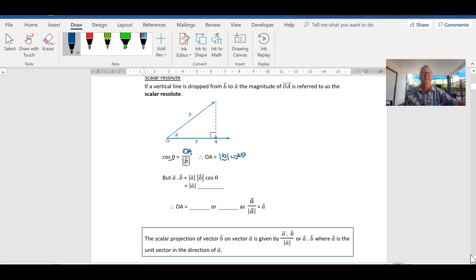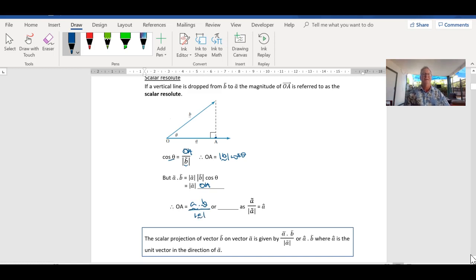Well, we just worked out that norm of B cos theta was this scalar resolute OA. So I could rearrange that to get another version for OA, the scalar resolute. That would be the dot product of these two vectors, A and B, divided by norm of A.